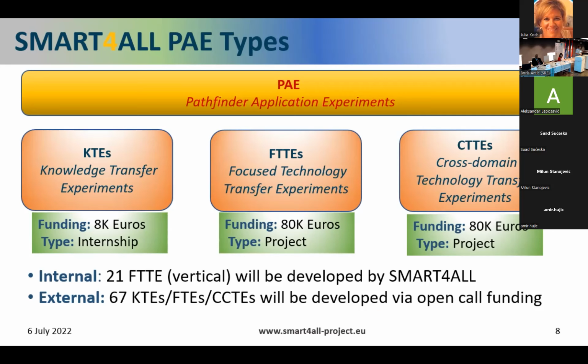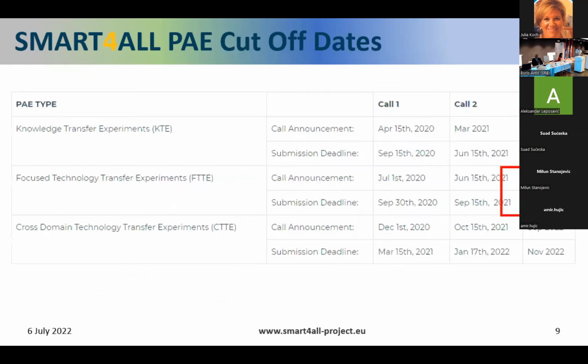In total, for the whole project lifetime, we're planning 67 external Pathfinder application experiments, and on top of that, we have also started to develop internally as a consortium 21 more. So in total, we have around 88 application experiments to deliver.